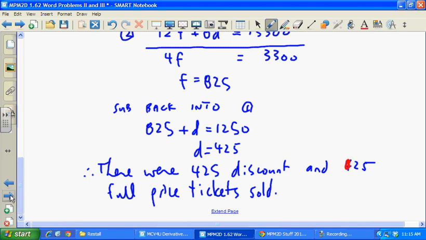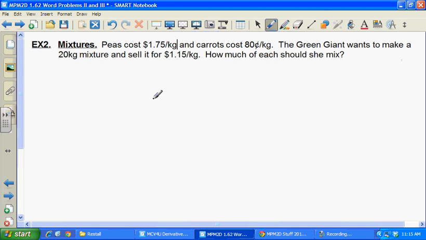Good. Example 2, mixtures. So again, we've got peas and carrots mixed together for a 20 kilogram mixture sold for $1.15 per kilogram. How much of each should she, the green giant, mix? Okay, well, what I'm going to do is put in the given and the required all in one step here.